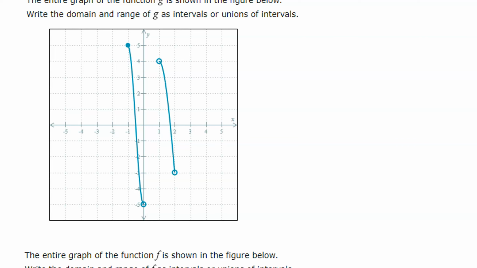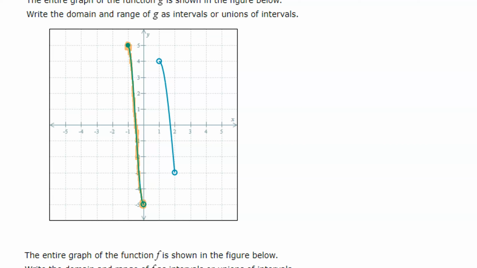So this first curve, I'm going to do this based on the curve. The first curve on the left starts here and it goes over to the right, and then stops here.